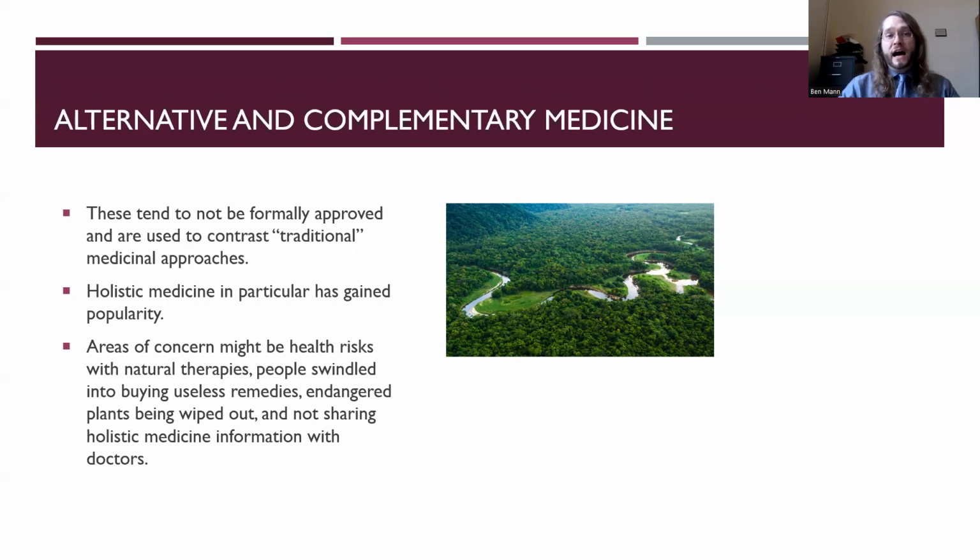There's also concerns, particularly if we think about some of the superfoods that have been advertised, that can be a risk to endangered plants and habitats, and that if this information about using holistic medicine is not shared with doctors, it can lead to complications and cause further health problems if those issues aren't conveyed. So not to say that alternative and complementary medicine are necessarily bad, but that they come with a unique set of risks and considerations that we need to consider as we're engaging in areas of health and science communication.